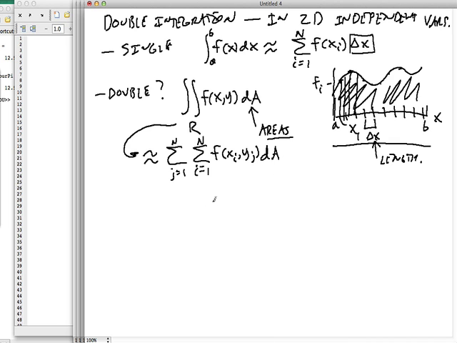A double integral is basically the same thing as a single integral: at the end of the day, we're just adding up a bunch of representative values of f and weighting them. These are the weights, and these are the representative f values.